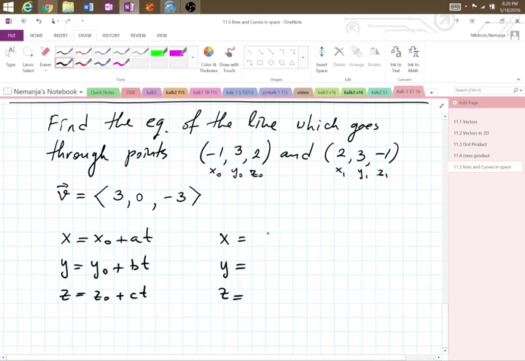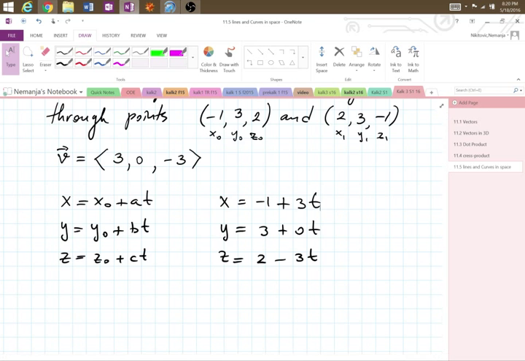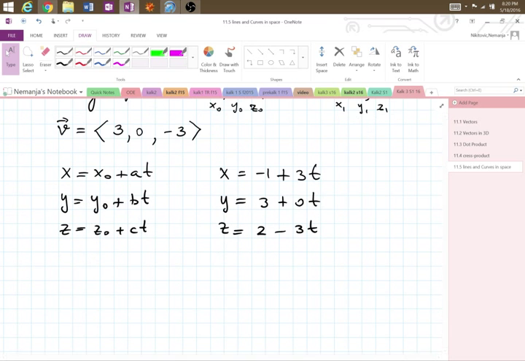Our x0, y0, z0 is negative 1, 3, and 2, plus a, b, c, which is 3, and then 0, and then negative 3, times t. So what is the actual answer here? The actual answer is x equals negative 1 plus 3t, y equals 3, and z equals 2 minus 3t.